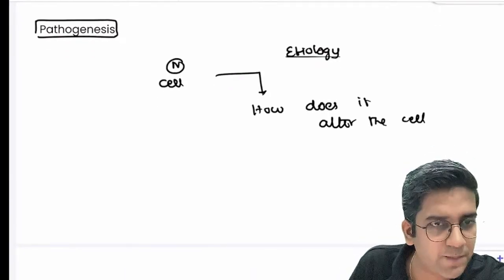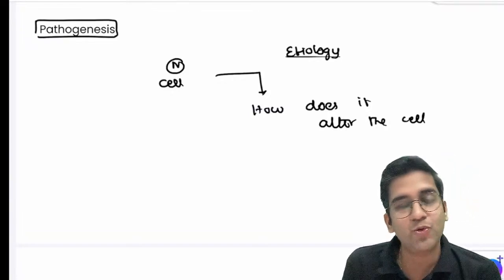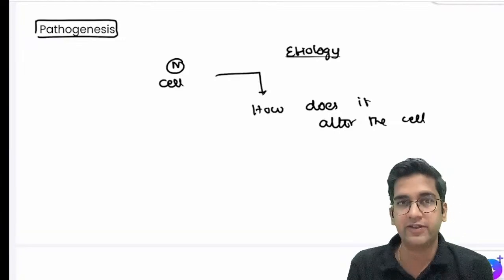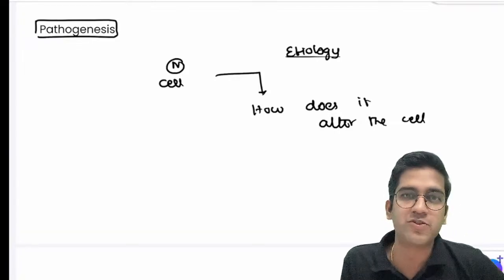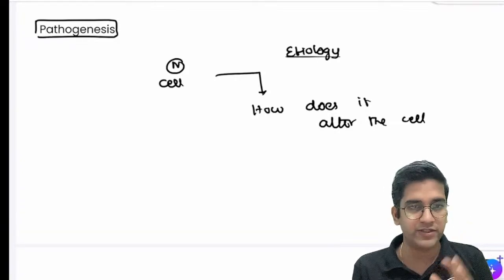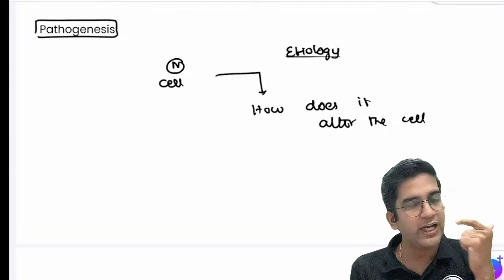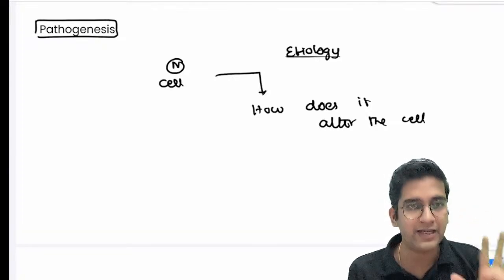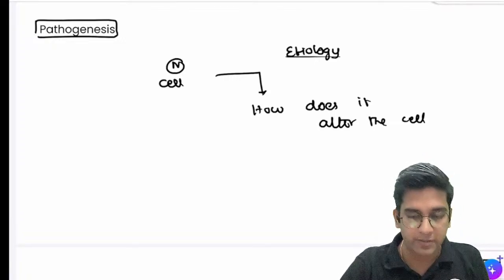When you go to PSM, you'll learn lots and lots about relative risk, the parameters involved, the way to calculate everything. I'm just starting it; it'll be too much if I overburden you and go into the depths of PSM, fine? So how it alters the cell is my pathogenesis. It could be a biochemical alteration, a morphological alteration, a microscopic alteration, anything, right? It will alter the cell, that's all. How it alters is what we're going to read in pathogenesis.